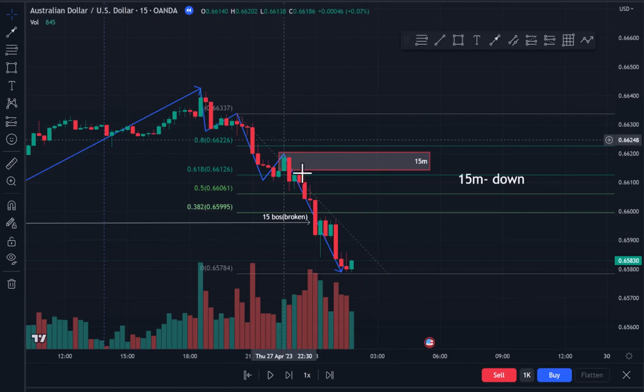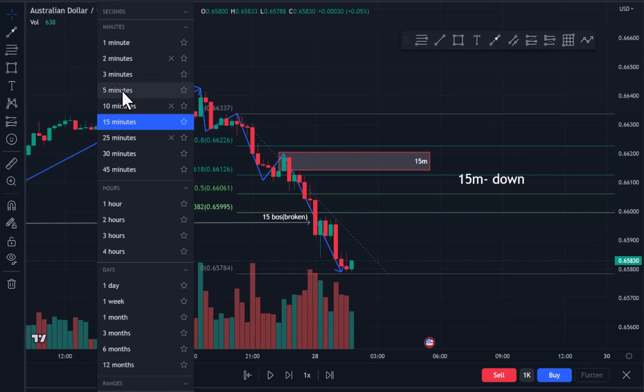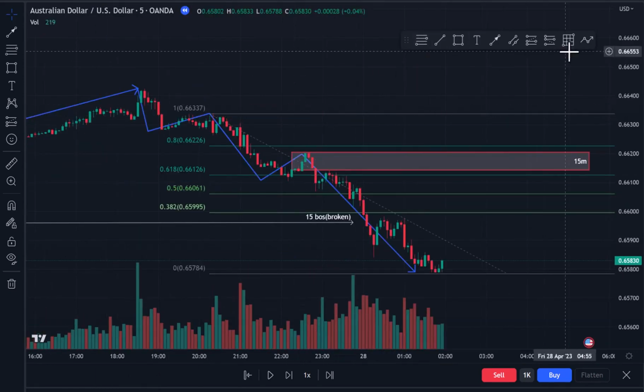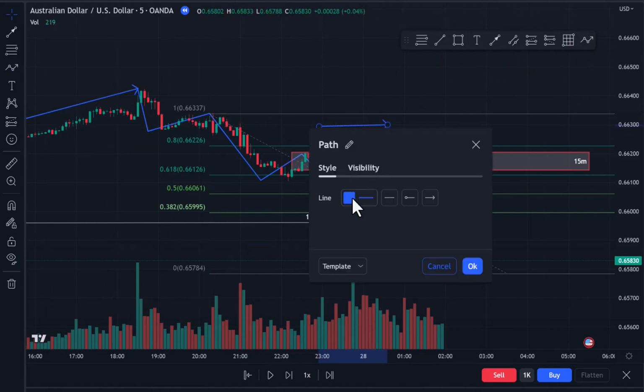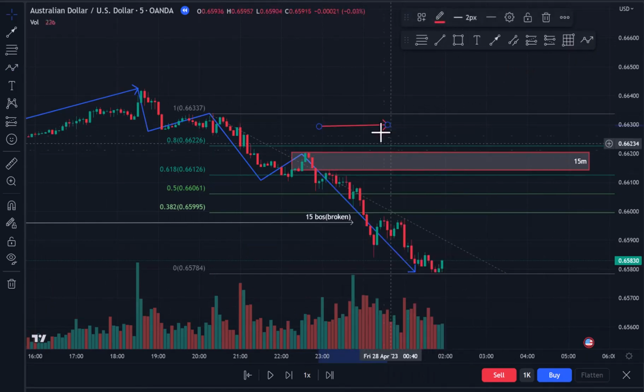So let's now mark up the 5-minute chart from this high to this low, which is our last wave on the 15-minute. And we're going to use a red path for this.